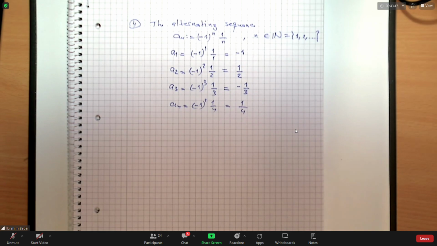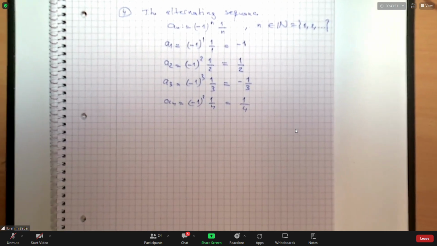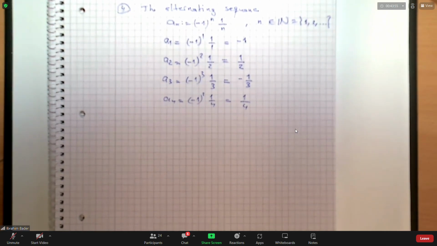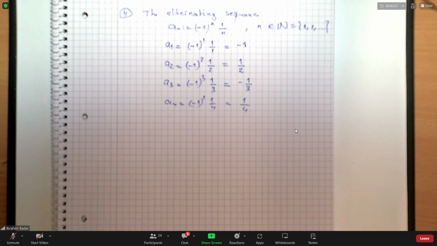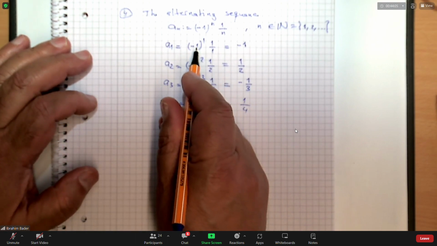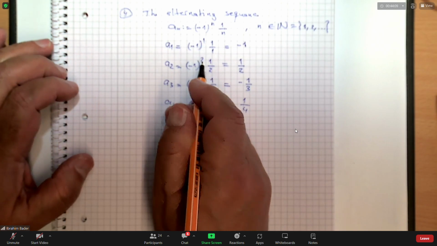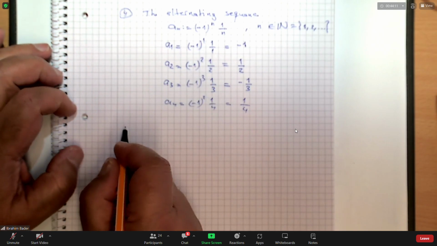Okay, the alternating sequence will deliver negative for the odd value because you have negative 1 to an odd power, and positive for the even.